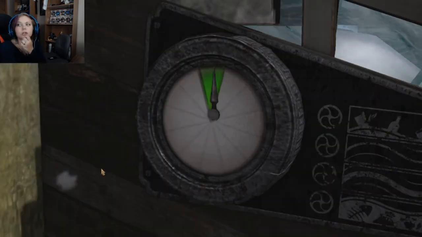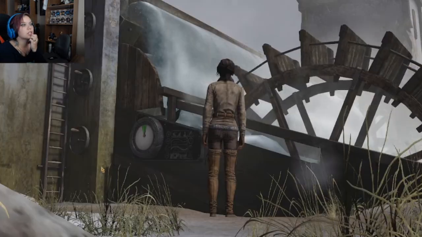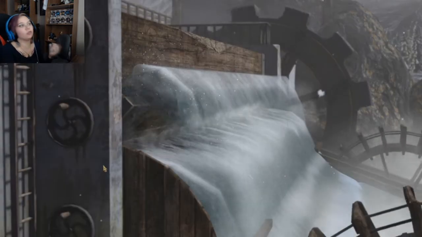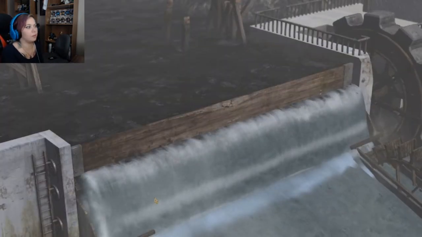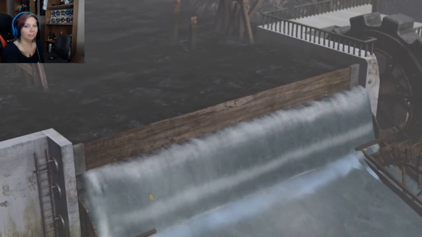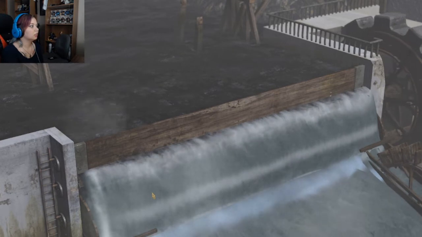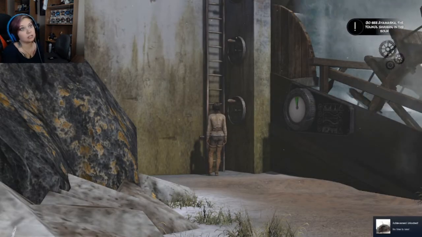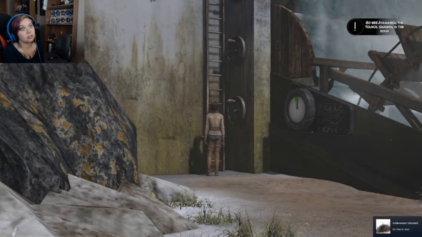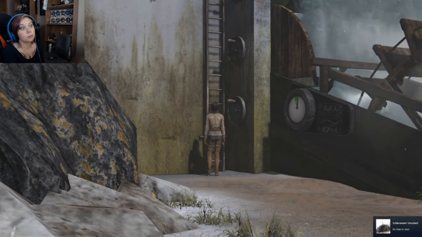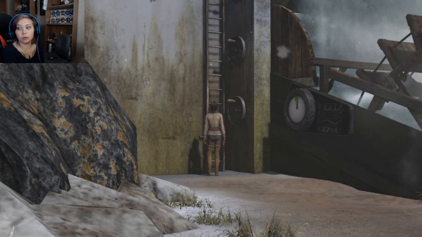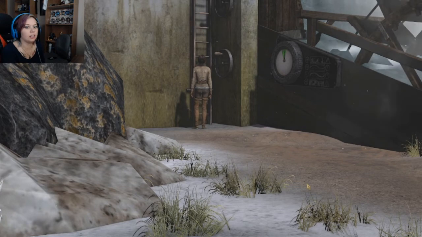Oh, I opened it too much. I had to get it right in the green to filter it properly. Okay. Although I guess that does make sense. Oil does float. I didn't see what trophy I just got.